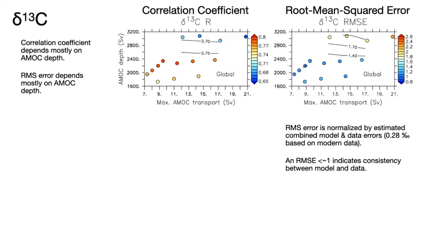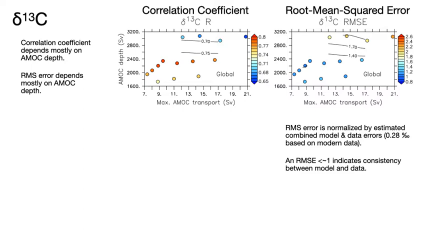Again, you can see something similar, a very horizontal orientation of the isolines. In fact, all of these simulations down here below about 2,500 meters AMOC depth are more or less similarly consistent with the data, whereas in the upper part, the deep AMOC simulations are not consistent with the data. But in terms of AMOC strength, we cannot really distinguish the results and determine AMOC strength from them.